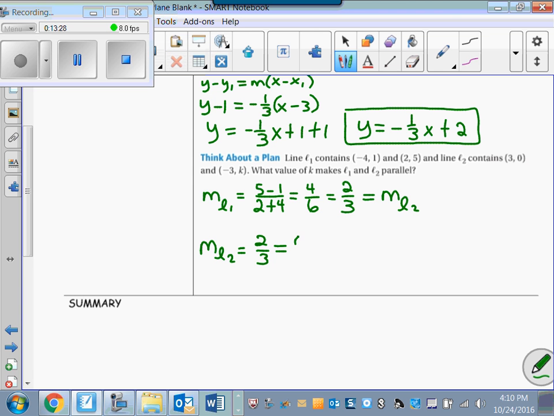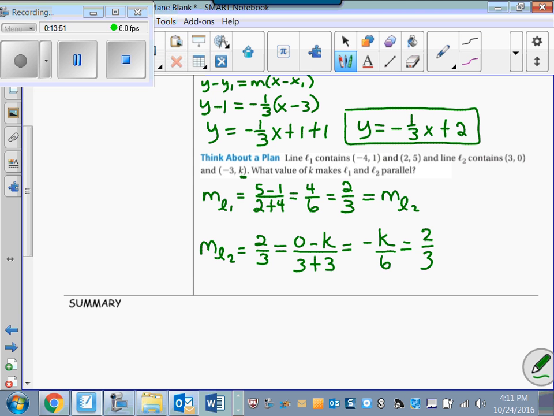So it's going to be 0 minus k, because there's the y value that I don't know, divided by 3 minus negative 3, which is 3 plus 3. So that gives me negative k/6. So let me just write this 2/3 here closer. So negative k/6 equals 2/3.